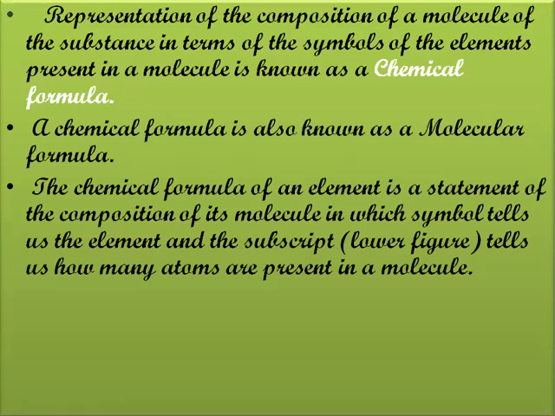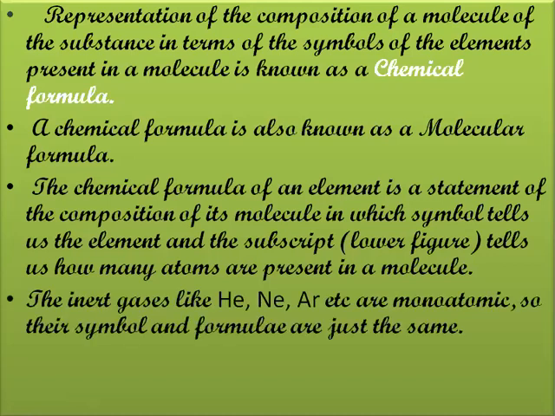It is S8. So this statement gives us the composition of the sulfur molecule, in which the symbol S tells us the element sulfur and subscript 8, lower figure 8, tells us that 8 atoms are present in a molecule.